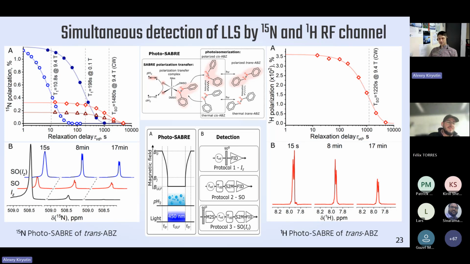SABRE is a very nice method actually. It's quite reversible, so you can produce your hyperpolarized signal just by bubbling for one day or even two days, bubbling and measuring. What you need to take care of is evaporation of the solvent. If you bubble a lot with dry hydrogen, you can evaporate your solution.